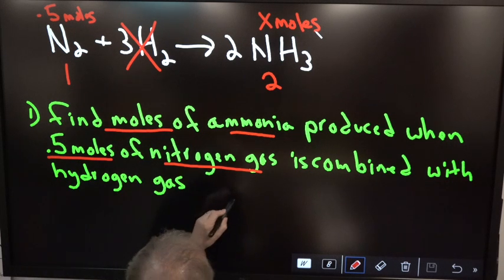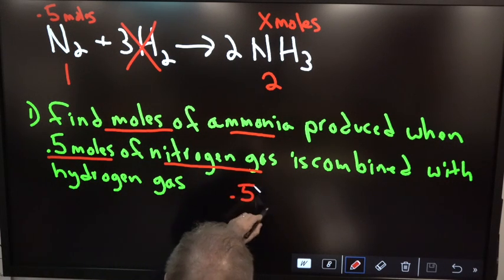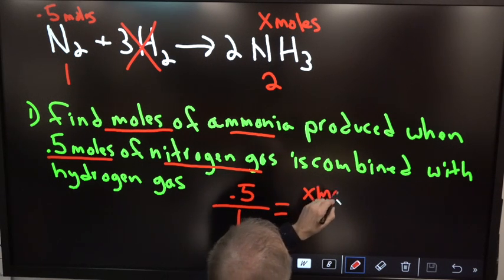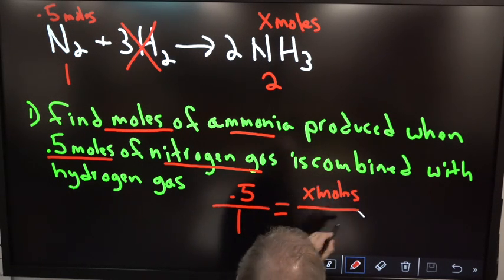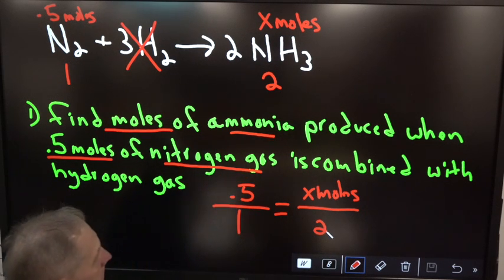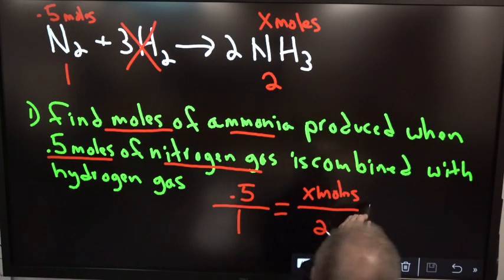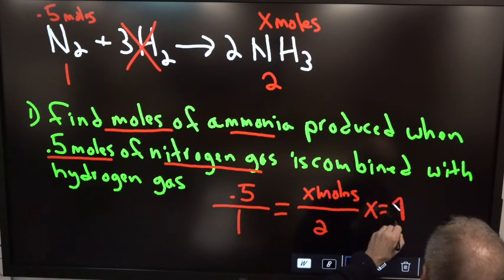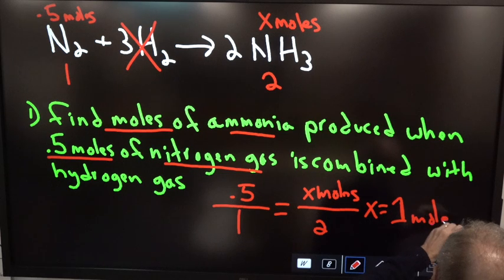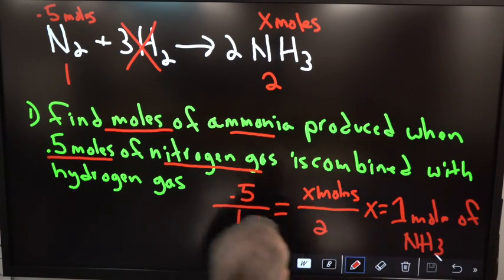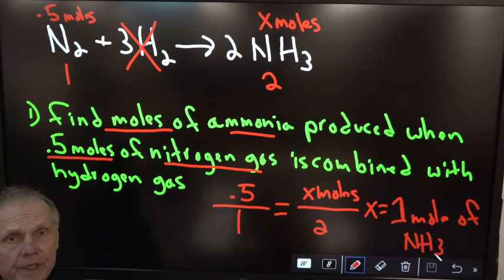So it's 0.5 over 1 equals X moles over 2. So X equals 1. X equals 1 mole of NH3.